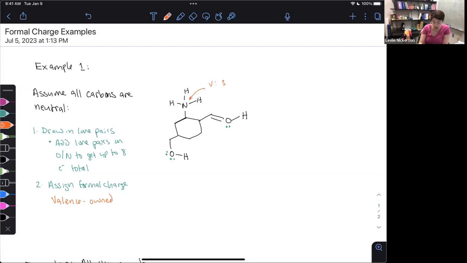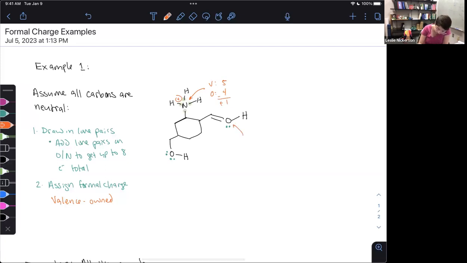So anything that we're doing with nitrogen is going to start with that valence of 5 electrons. If we're counting up the bonds, we've got 1, 2, 3, 4 electrons that are owned in bonds. So 5 minus 4 is +1. That nitrogen is going to get a positive charge.